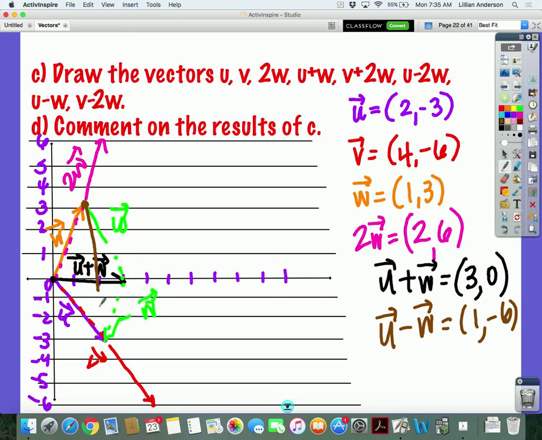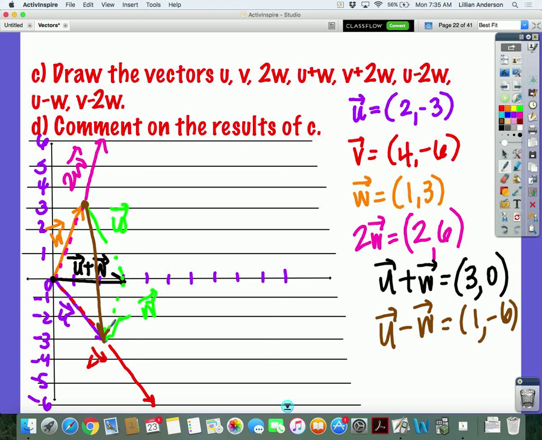So this right here, the brown, would be vector u minus vector w. And if you notice, I go over 1 unit and down 6 units to actually get to my terminal point. Okay, that's how you would draw that, using the combination of the parallelogram method and the triangular method that I was describing before.